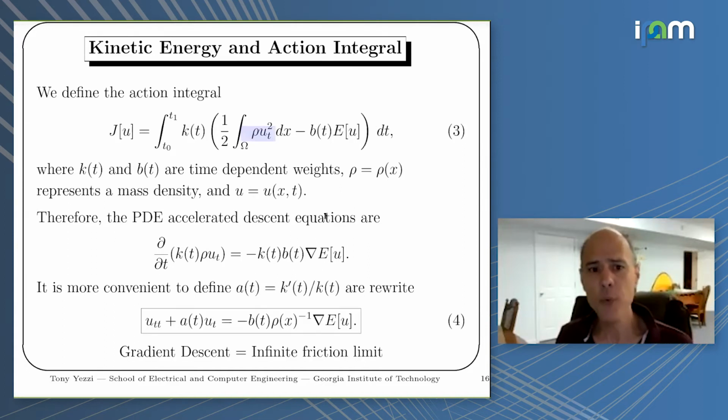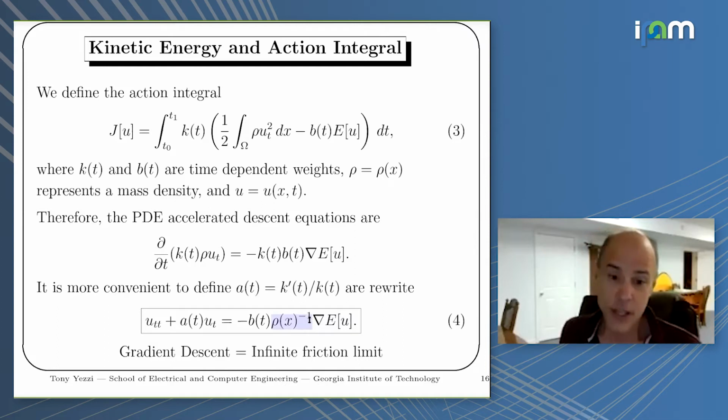Now if we compute the Euler-Lagrange of this kind of action integral, we get a second order PDE of the following form. Here are the gradients that we would normally have in gradient descent. This will involve all the spatial derivatives depending on the regularizer and whatever else appears. Here's your density term, which again doesn't have to be constant. It can be distributed. It can even be time dependent.